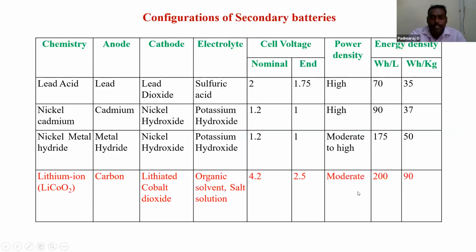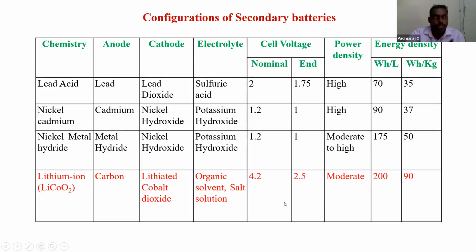Understood? So this is the tabular column for the configuration of the complete rechargeable batteries. Here the lead acid battery, nickel cadmium, nickel metal hydride, and lithium ion. So anode, cathode, and electrolyte, I already told you the configuration. Cell voltage here. Among the available rechargeable batteries, lithium-based batteries have high energy density, high cell voltage, and high power density. But there is a safety issue.